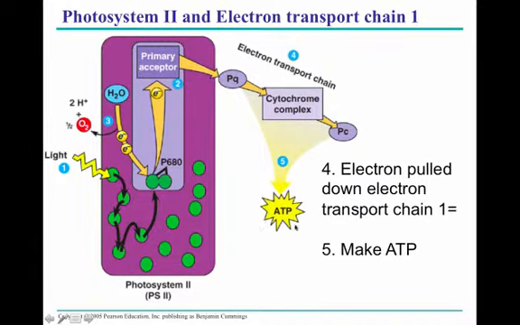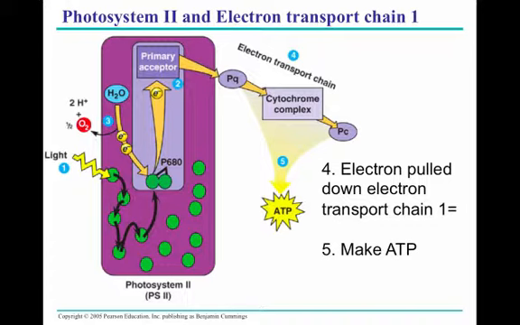And we'll talk about how ATP is ultimately produced as a result of that, but you probably already have a hunch or a clue as to what's going on in terms of making ATP. If you remember, the process that occurred in the mitochondria is very similar to the process that occurs here in the light reactions. But we'll talk more about making ATP at the end of the process.